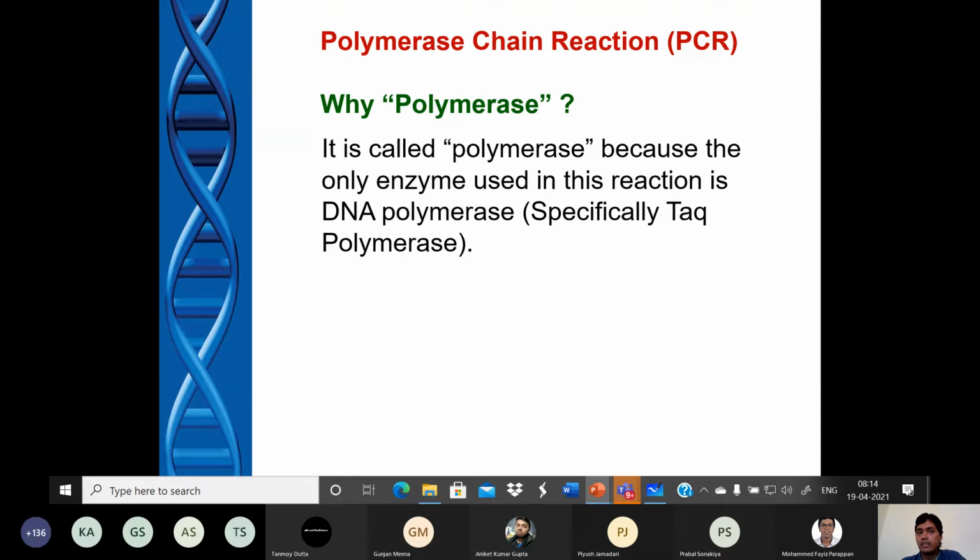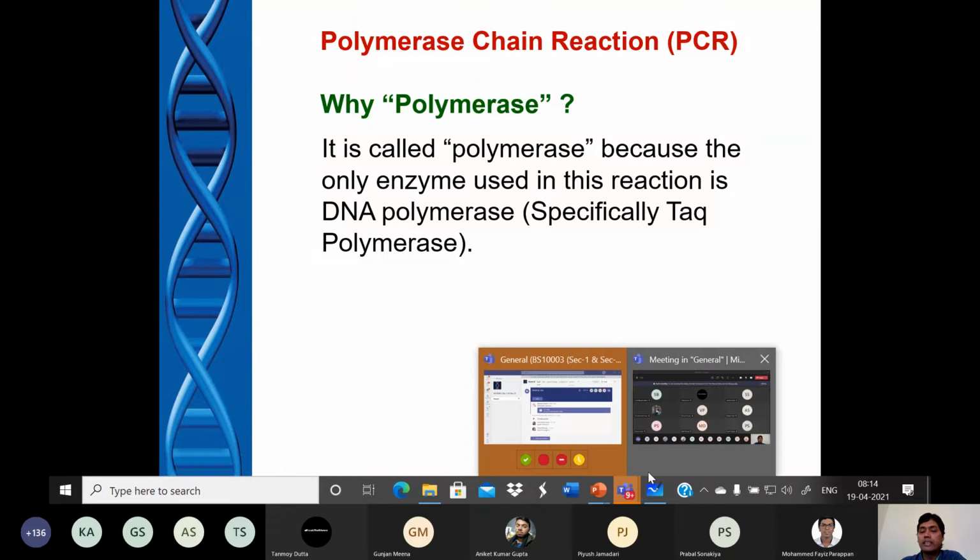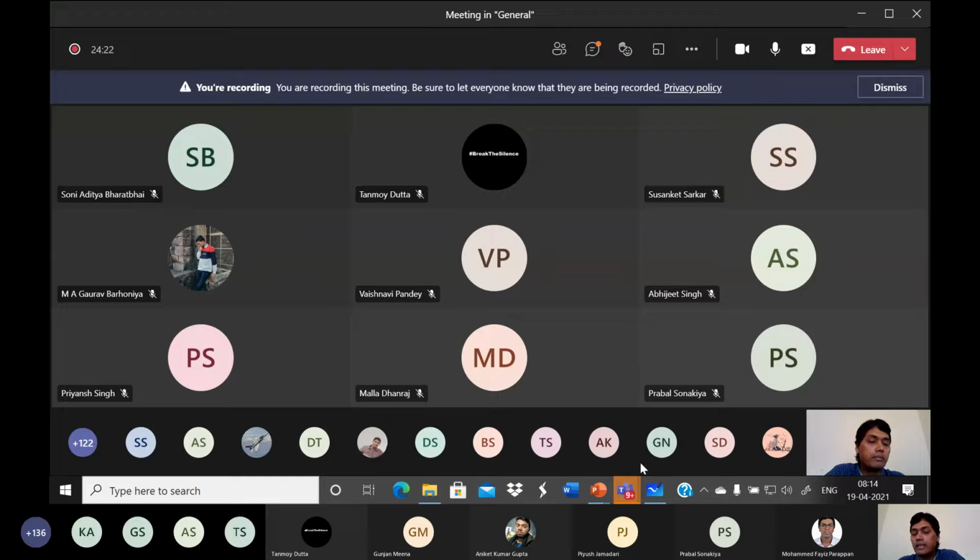Why polymerase? Because this is similar to replication, but it is happening in vitro. It is called polymerase because, in case of DNA replication, I know that most of you face a lot of problems there.